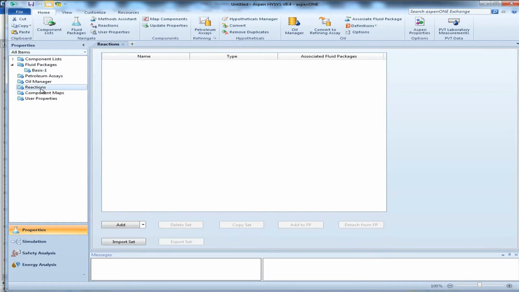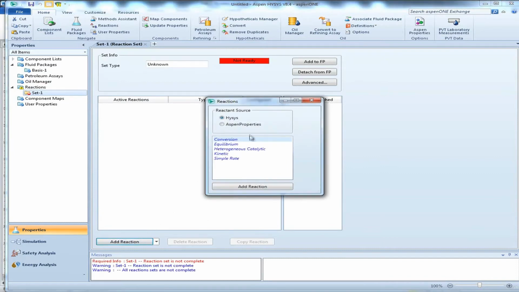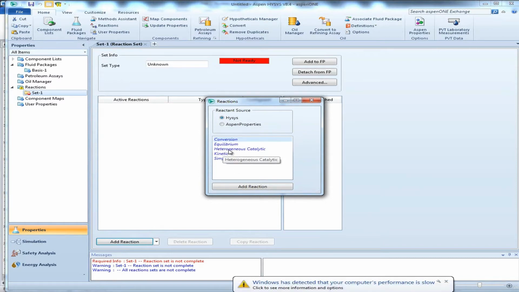However, we need to add the reactions in that. As you can see here, the reaction types that can be used in HYSYS refer to conversion, equilibrium, heterogeneous catalytic reaction, and kinetics.